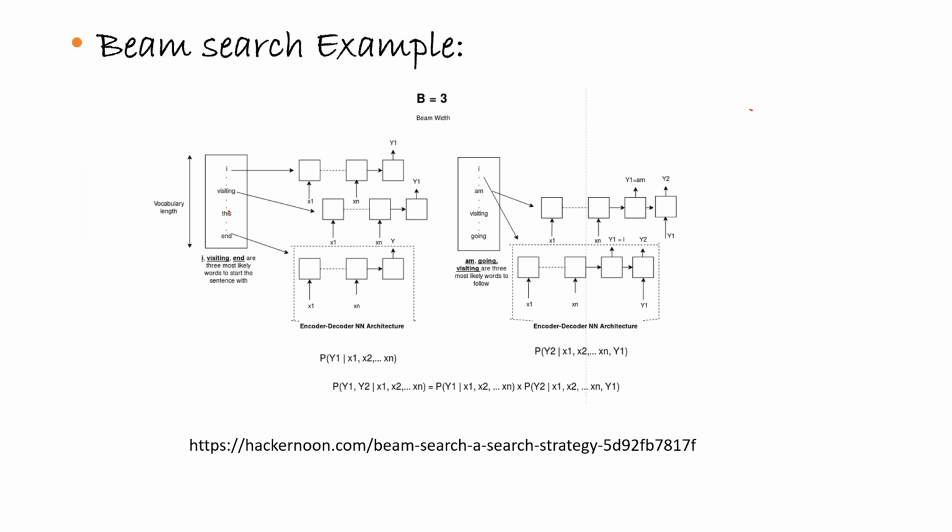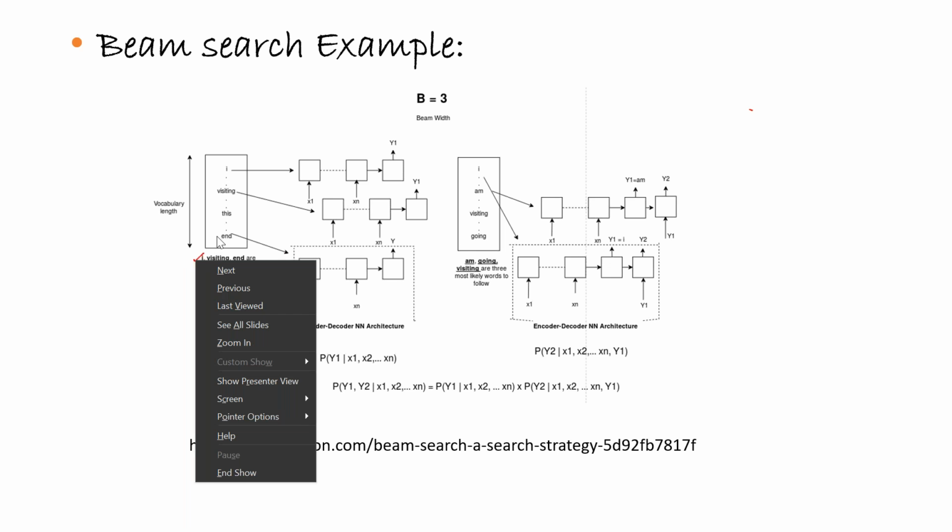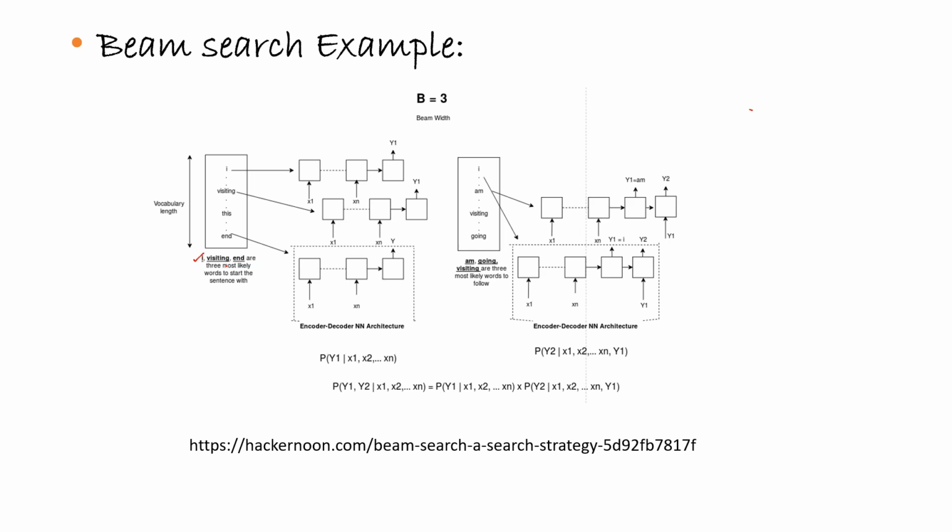So how does it look? This is something I have taken from somewhere, and you see here it's visiting these, and these are the three most likely words to start the sentence, right? So it's the vocabulary length. If we are using exhaustive search, it will be the size of the vocabulary, which is getting bigger and bigger, right?